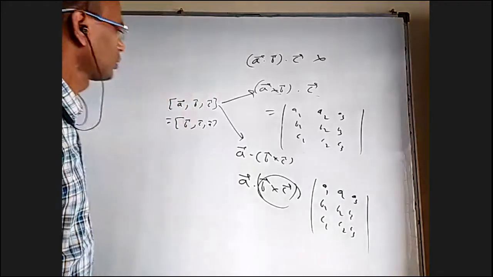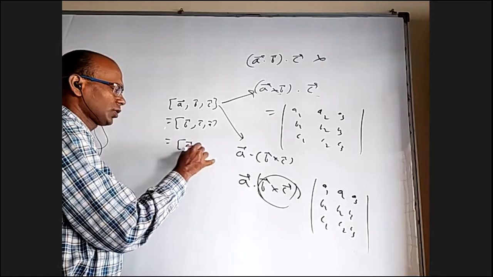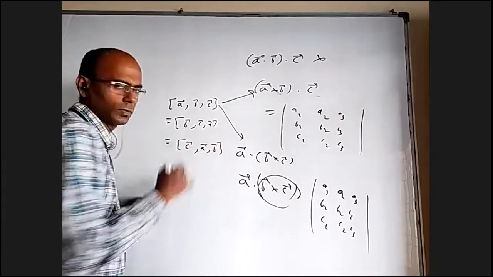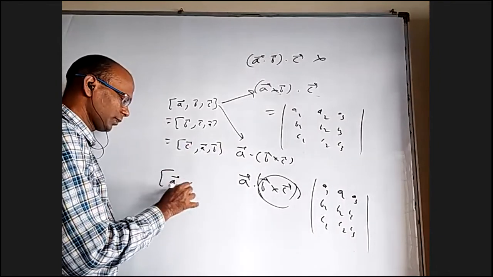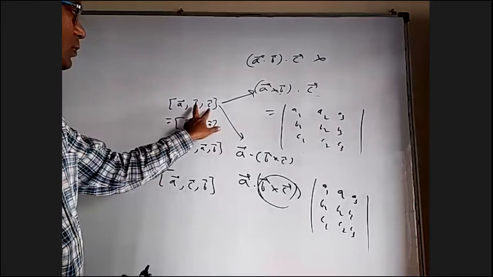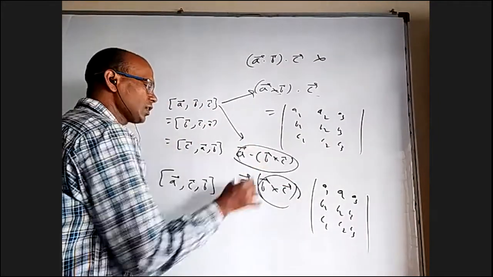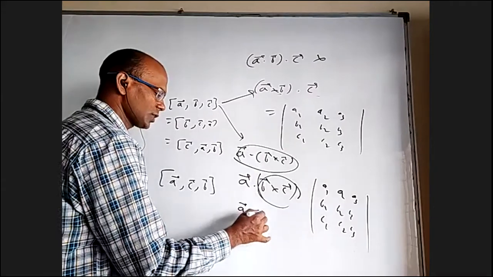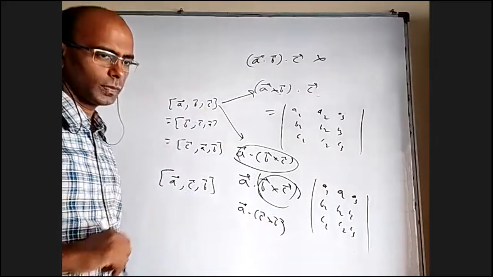So box ABC is the same as box BCA, which is also the same as box CAB. If I take box ACB, that is, in the first box I interchange these two. For example, instead of A dot B cross C, if I take A dot C cross B, obviously this is going to be the negative of this. Why?